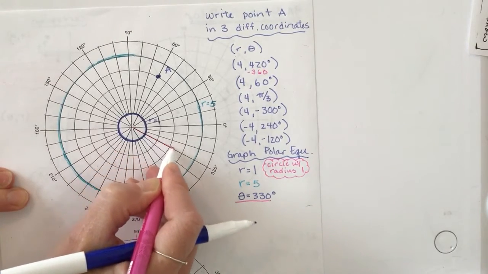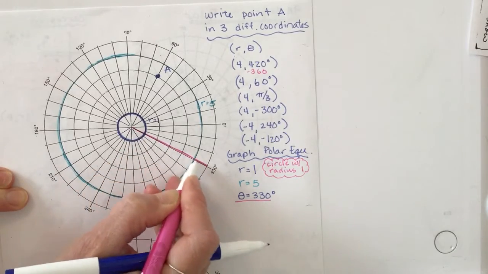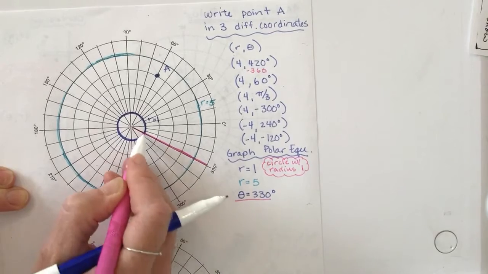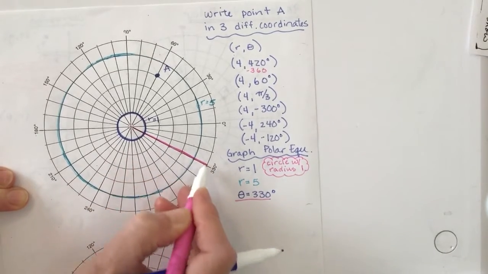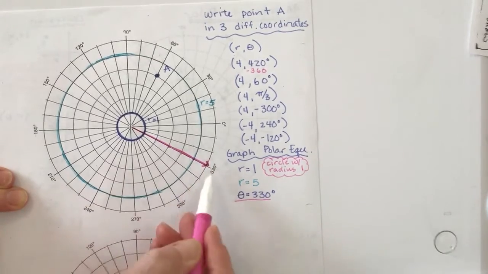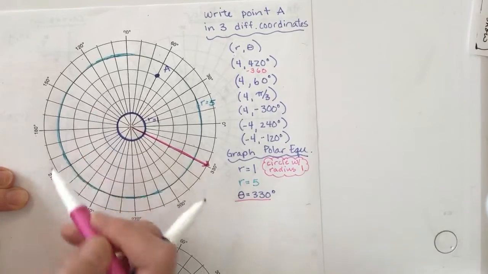So this is 330. And r can be anything because we didn't define r. So r could be 1, 2, 3, 4, 5, 6, to infinity and beyond. So it keeps going and going and going. Could r be negative too? Yeah, absolutely.